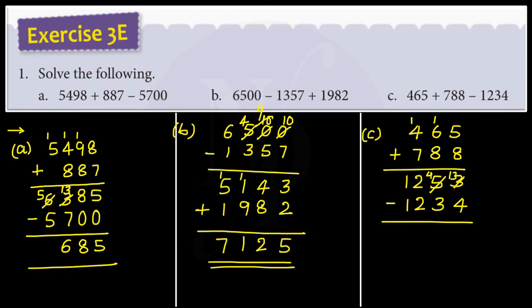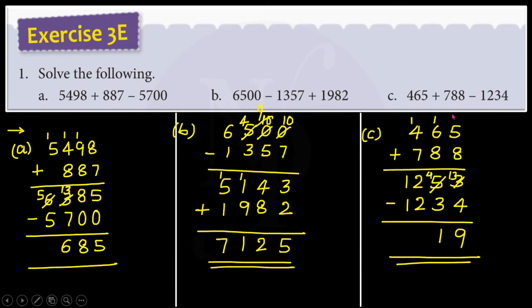Subtracting 4 from 13, you get 9, and subtracting 3 from 4, you get 1, and subtracting 2 from 2 is 0, 1 from 1 is 0, so I am not writing zeros there. The final required answer is 19. So when you solve this, that is 465 plus 788 minus 1234, you get 19 as the answer.